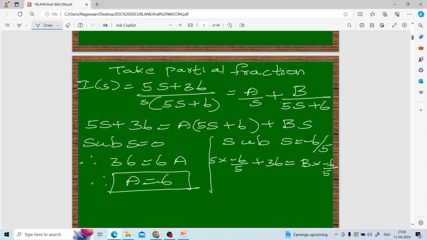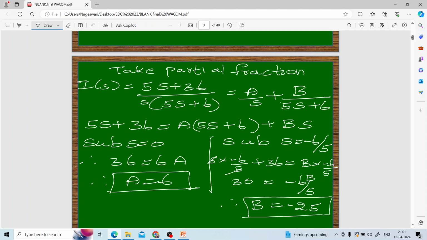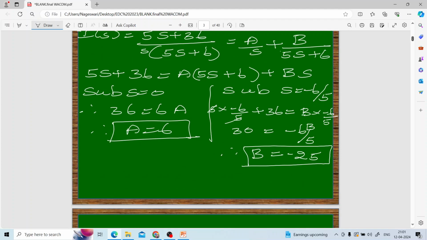So 5 gets cancelled, and 30 is equal to minus 6 divided by 5 b. If you simplify this, we get b is equal to minus 25. So this is A and this is B. Therefore A is equal to 6 and B is equal to minus 25.